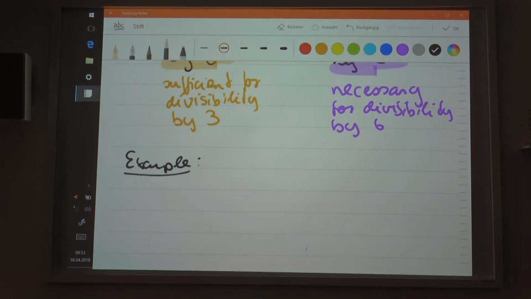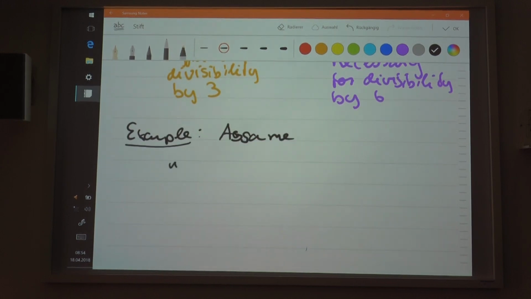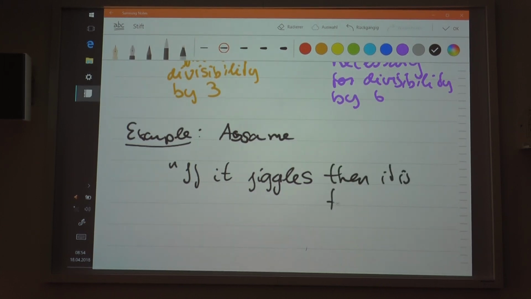That statement is true, right? Or let's say, assume that this is true. Let me put this in quotation marks: if it jiggles, then it is fat. Let's suppose that this is true.